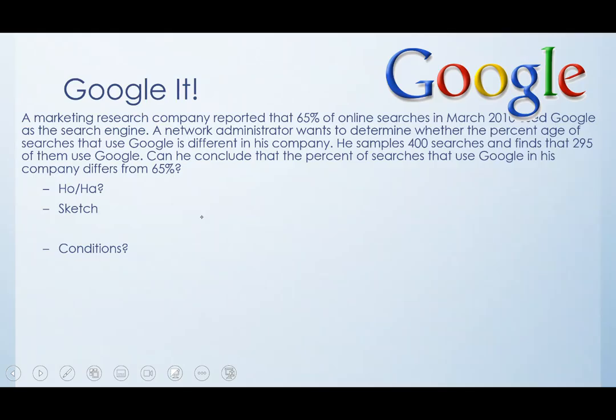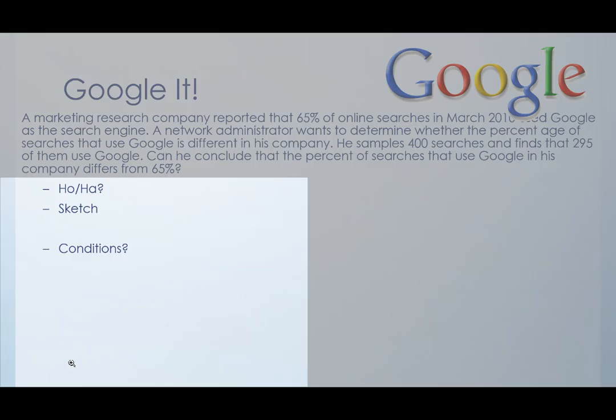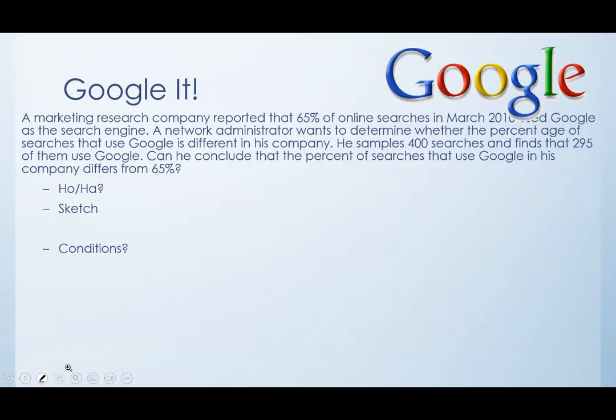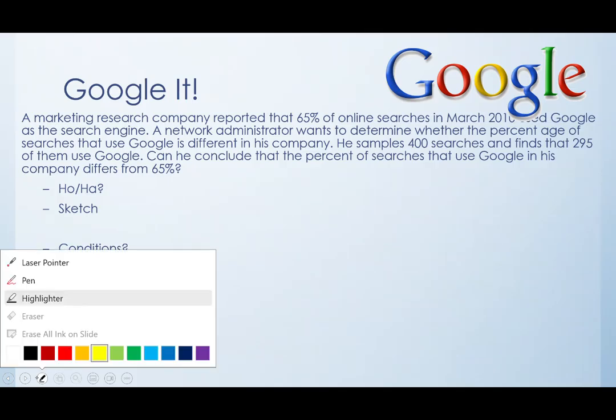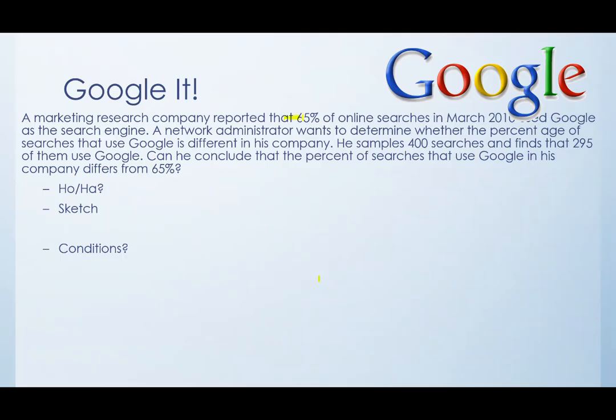I'm going to scaffold it, okay? So in this example, we have a marketing research company that reported that 65% of online searches in March of 2010 used Google as the search engine. So that's an important number, probably. Our network administrator wants to determine whether the percentage of searches that use Google is different in his company.